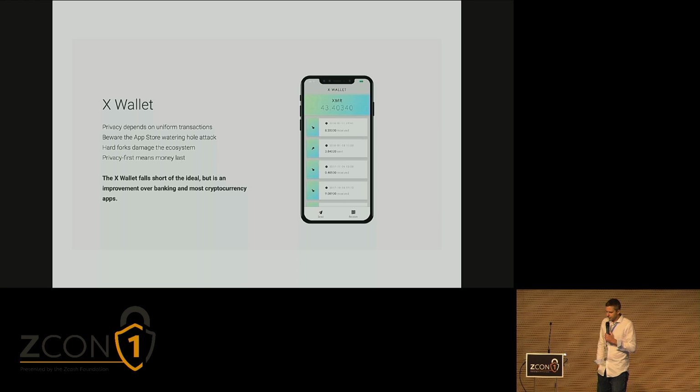So the conclusion with the X Wallet after almost 2 years is that it falls short of what I think is the ideal cryptocurrency wallet, but I still think it's a huge improvement over mobile banking applications and mobile money, and a lot better than most cryptocurrency apps out there today, especially in terms of privacy.